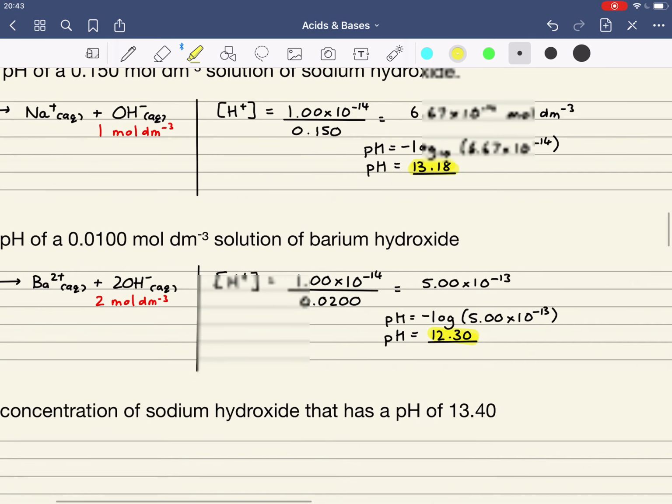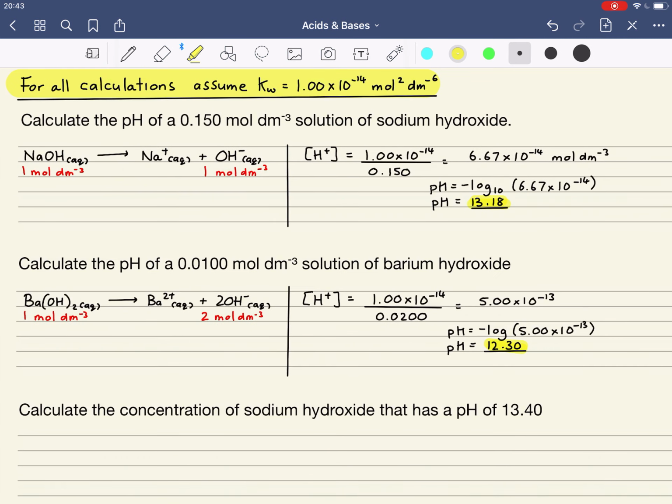So we've worked out the pH of a strong base given the concentration of the strong base. Okay, and we've done this for what we call a monoprotic base, sodium hydroxide, and a diprotic base, barium hydroxide. Now we're going to look at seeing if we can work out the concentration of a strong base given the pH.